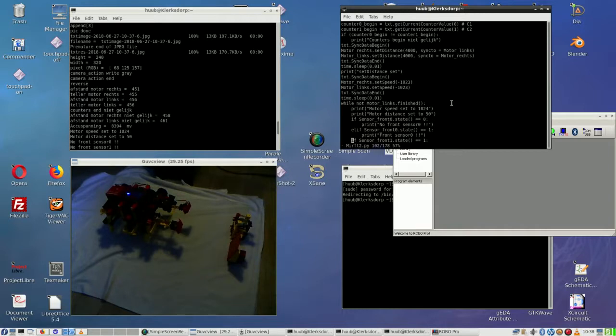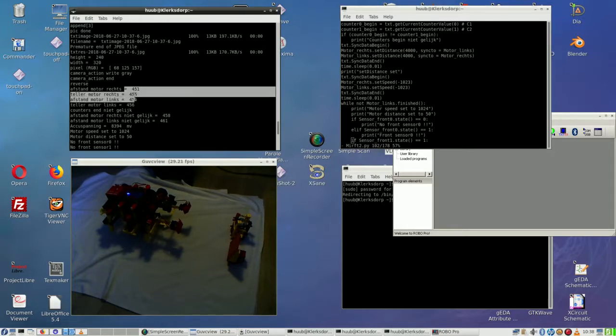I set the distance to 4000, yet if it counts down, why don't I see 4000?